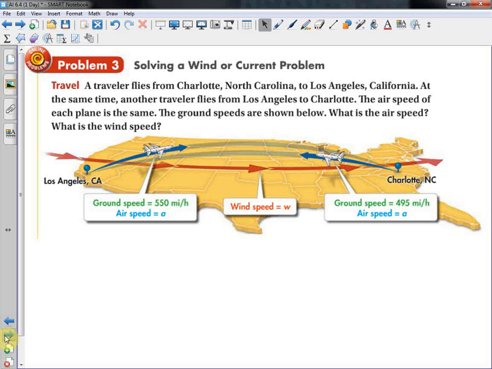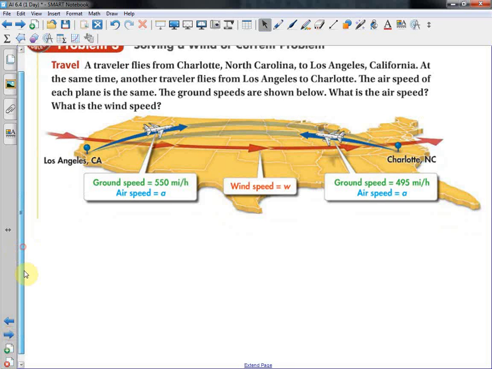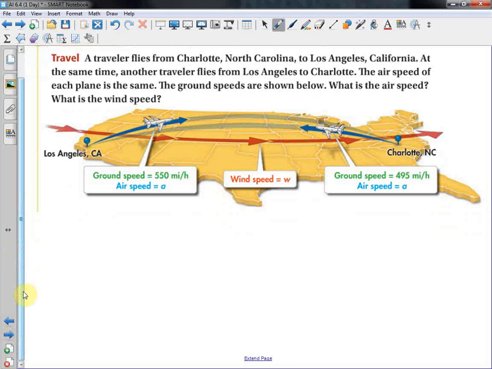All right. So on these, we want to think of plane 1 as an equation and plane 2 as an equation. So this is how fast I'm actually going. That's kind of my total, right? A lot of times I'll tell you to look for the total. That total is made by my airspeed, A, but since I'm going with the wind, the wind is adding to my speed.